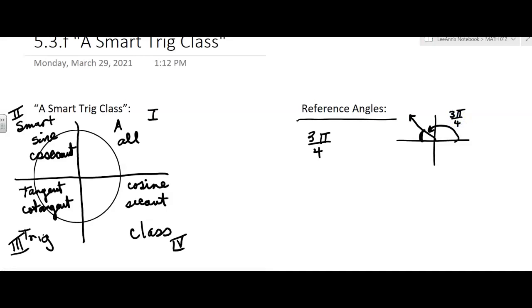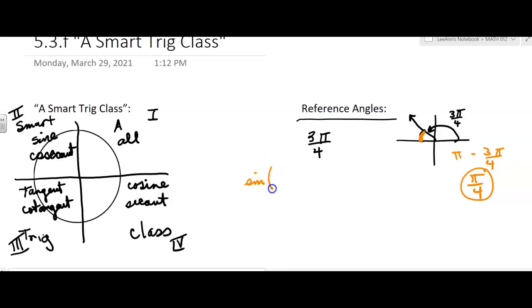The reference angle is pi minus 3 pi over 4, or pi over 4. So if I want to know all the trig values for 3 pi over 4, I'm going to use the reference angle and then find out which ones are positive and which ones are negative. Okay? So I'll give you an example.